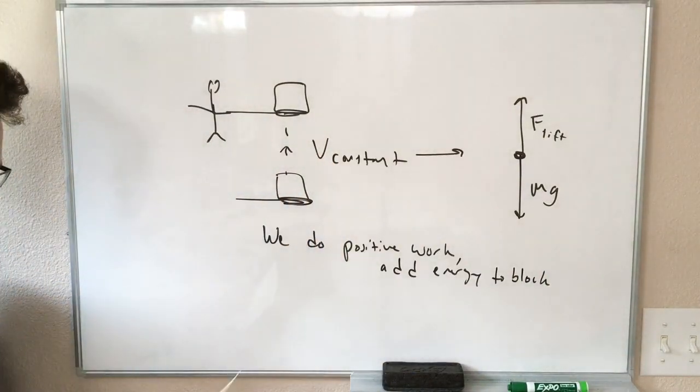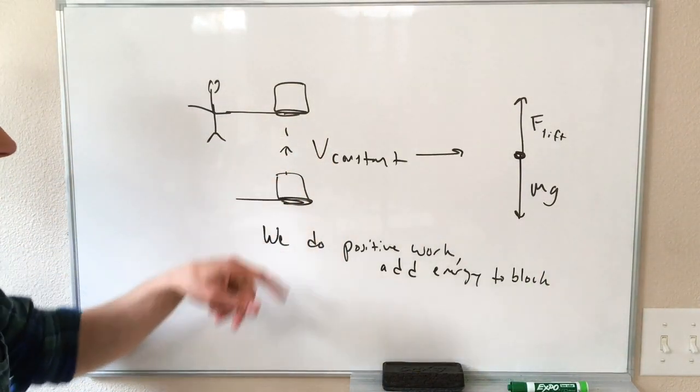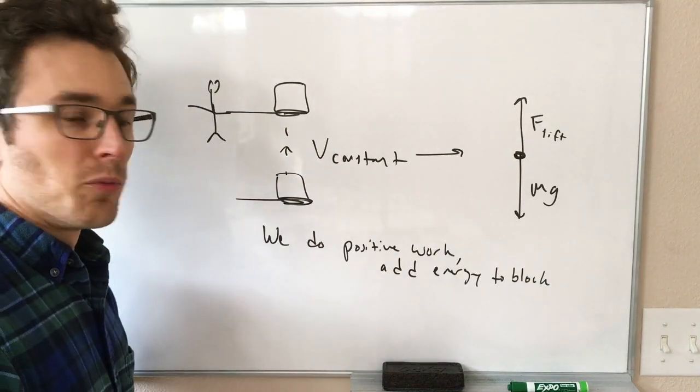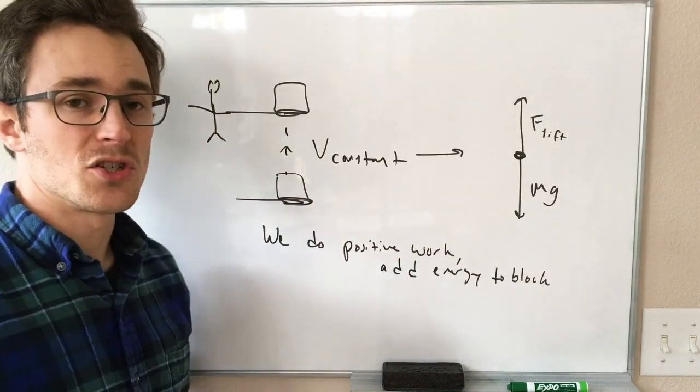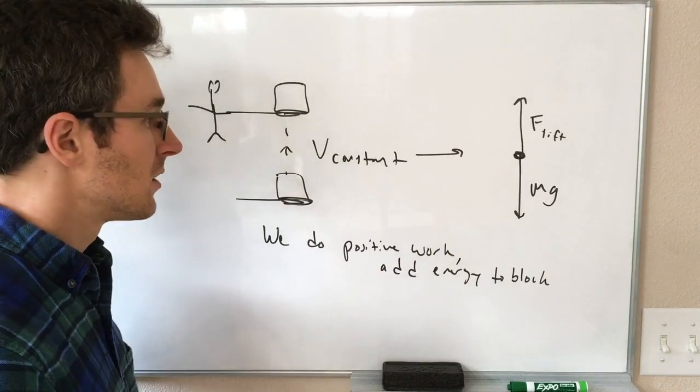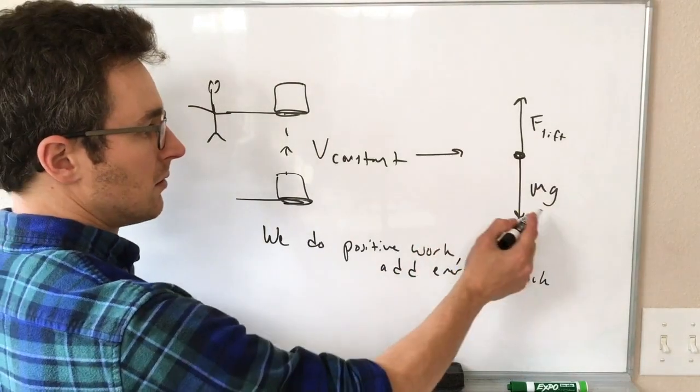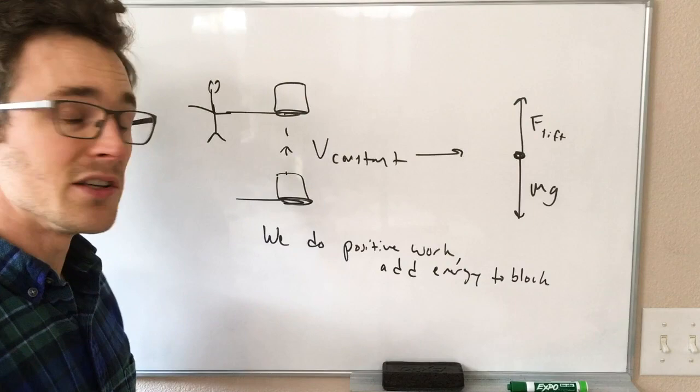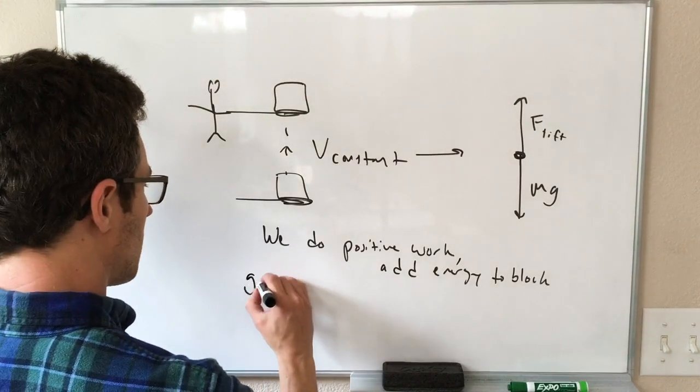However, we know that if this is moving at constant velocity, the block is not changing its kinetic energy, so this energy must be going somewhere else, and that is gravity, which is giving it a force down. Gravity is doing negative work on it.